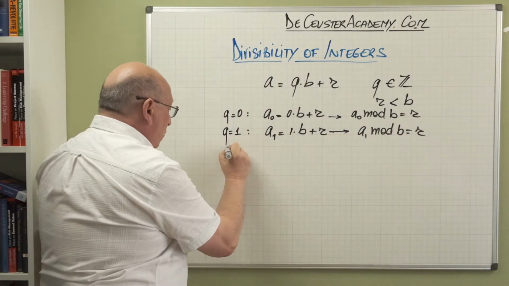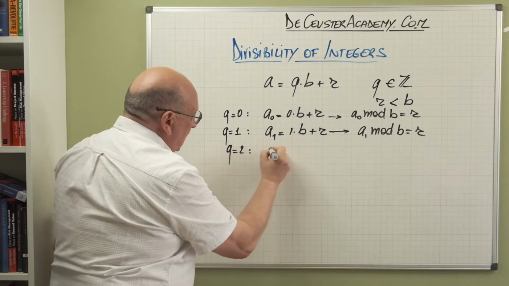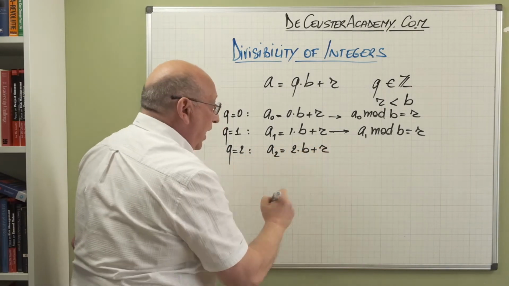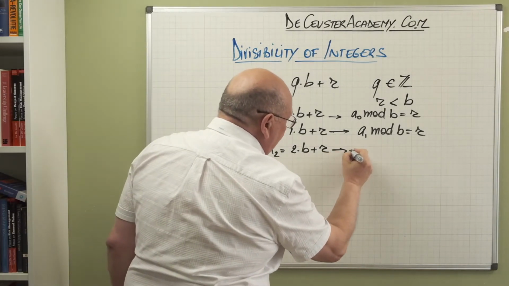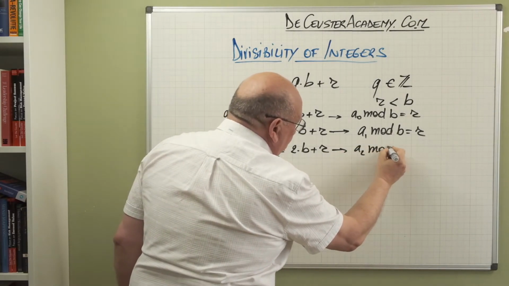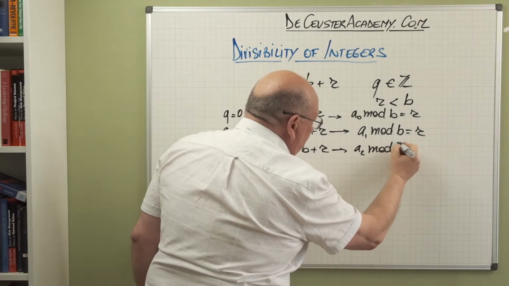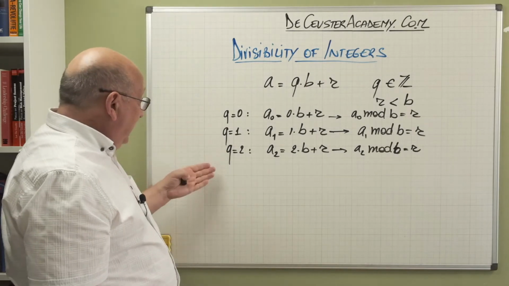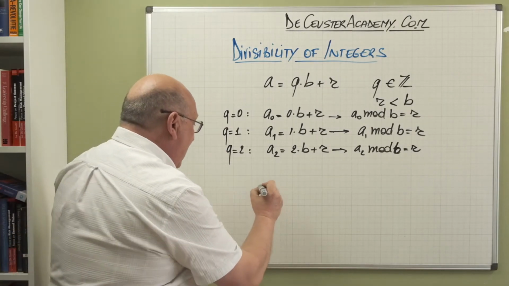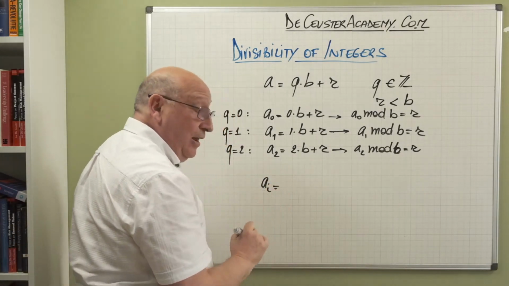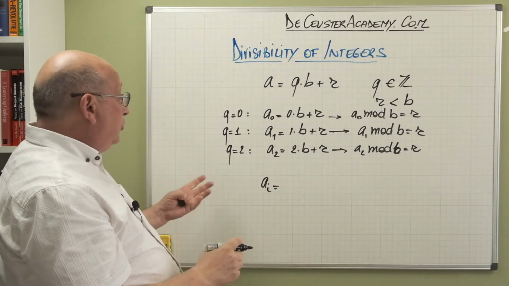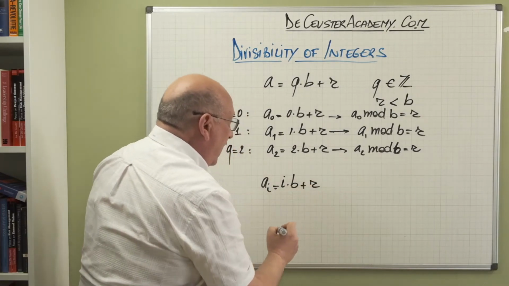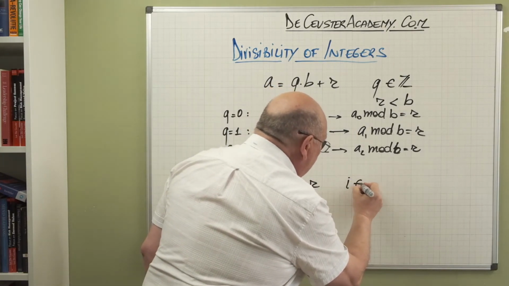And we can go for q equal to 2. We find a2 is 2 times b plus r, and we also know that a2 mod b is equal to r. What we can say here is that ai, whatever value of i, corresponds with i times b plus r, where i is an integer.